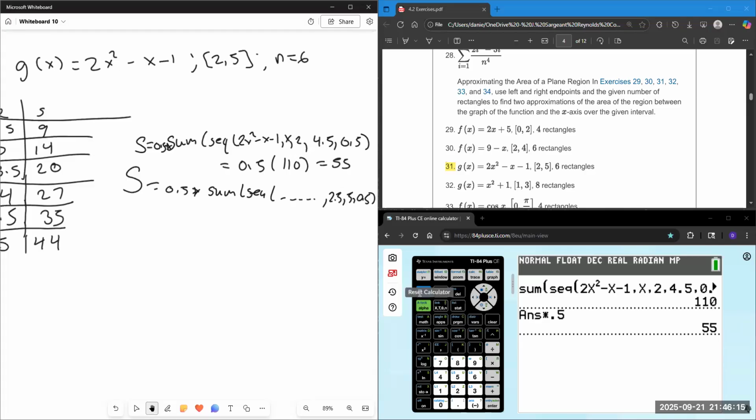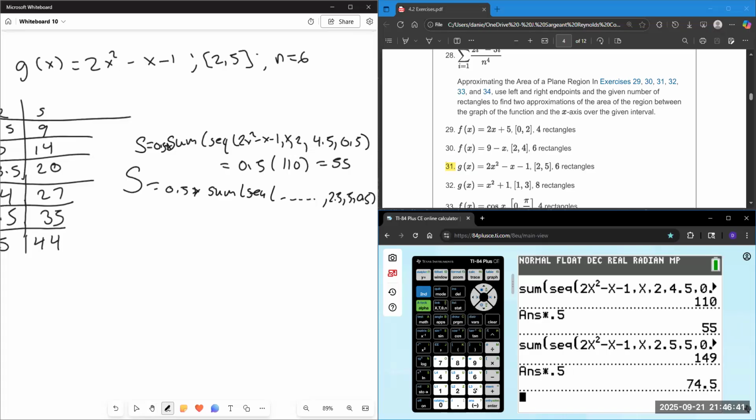So second entry, I'm going to change this to 2.5 to 5, and then multiply that by 0.5, and I get big S is 74.5.